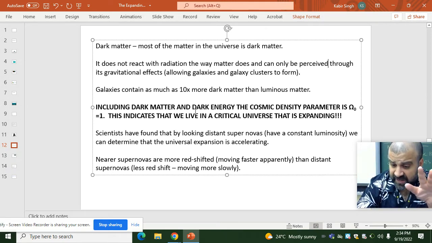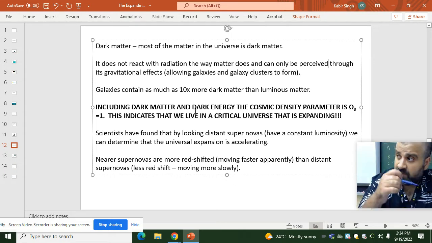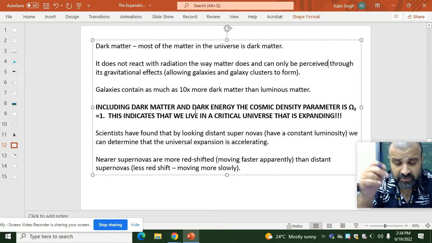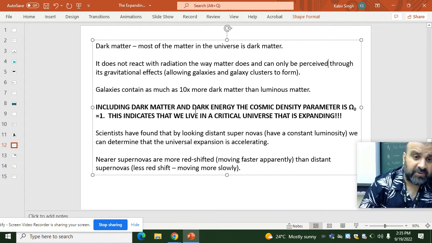We can look out in distant galaxies and see type 1 supernovas occurring. They should all be emitting relatively the same amount of energy. Based on how bright they appear to us at Earth, we can predict how far away those objects are. With all this information, and we'll be explaining more about that later, what they've determined, and this is important, is that the universal expansion is accelerating.